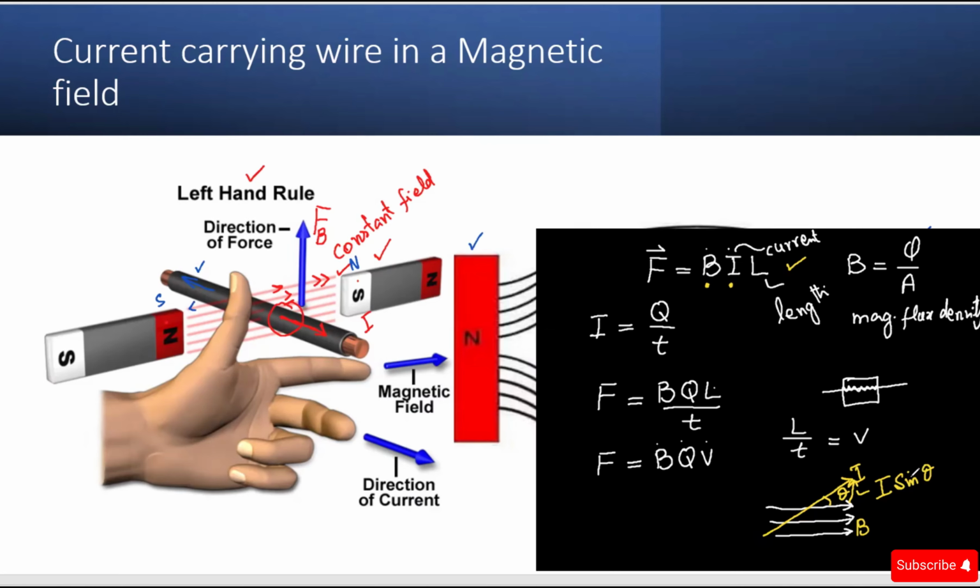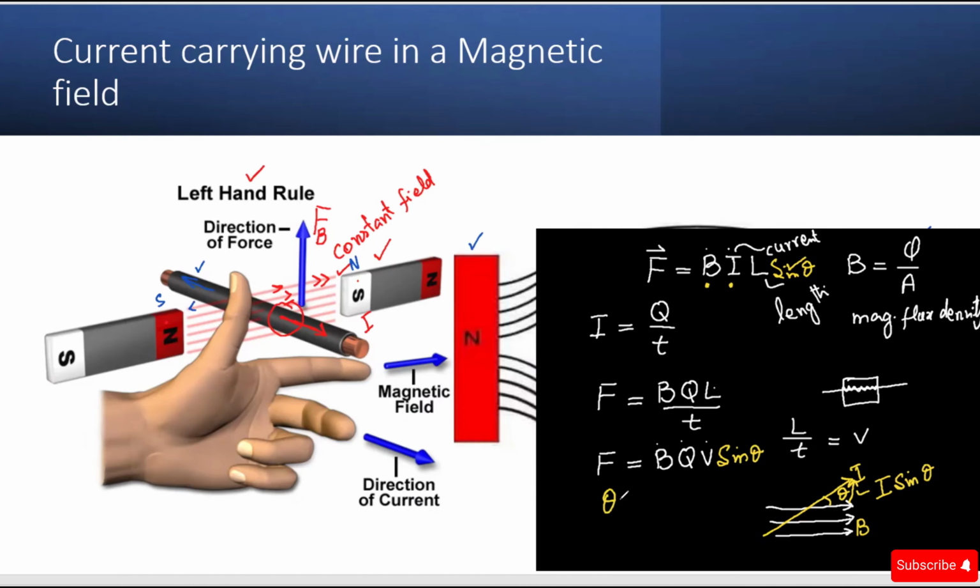If there is an angle between the current and magnetic field, then we will add sin theta in this formula. So our formula will be force is equal to magnetic flux density, current, length of the wire times sin theta. And similarly, we will also have that in this relation.